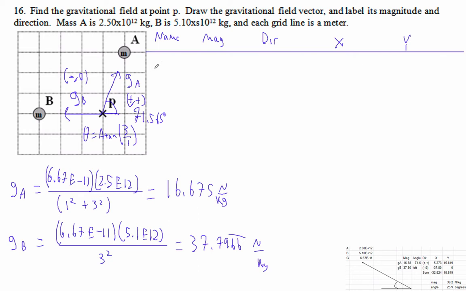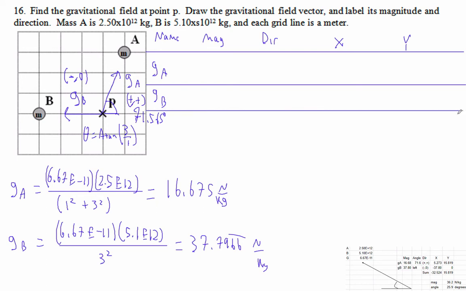And then they're going to go G of A, G of B, magnitude, direction. That's enough space. I feel like I want to make it cozy. I'm going to put a little thing there.